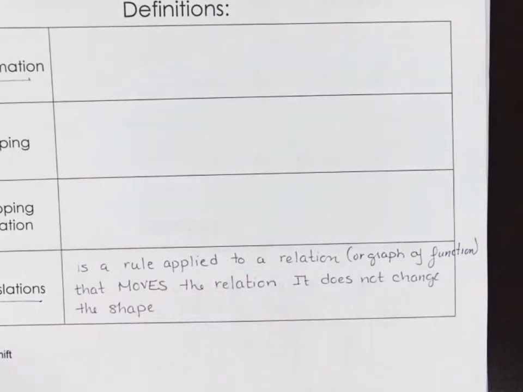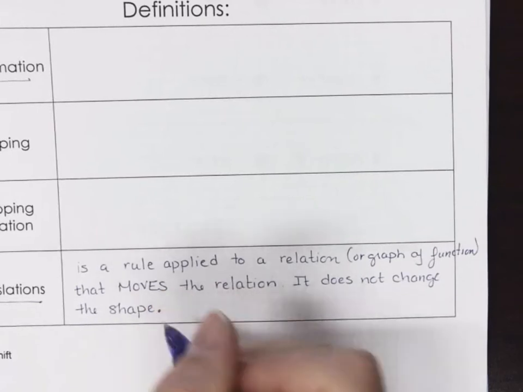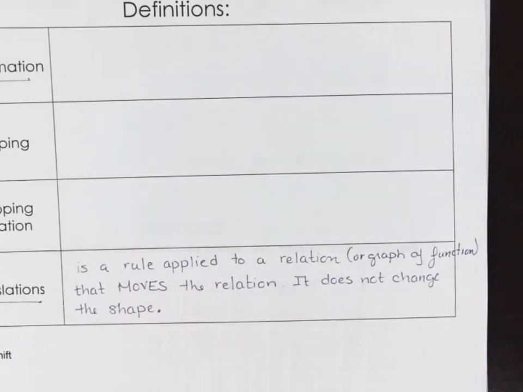Essentially a translation is moving it around the coordinate plane, but it's not changing the shape of it.